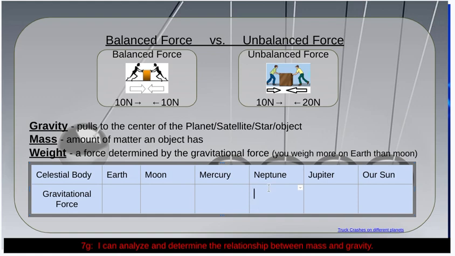So on Earth, I'll go ahead and put it back on there, it's 9.8. That's the gravitational force. The moon is going to be less because it's smaller, and you'll see a pattern. The smaller bodies have less gravitational force. The larger bodies have more gravitational force.